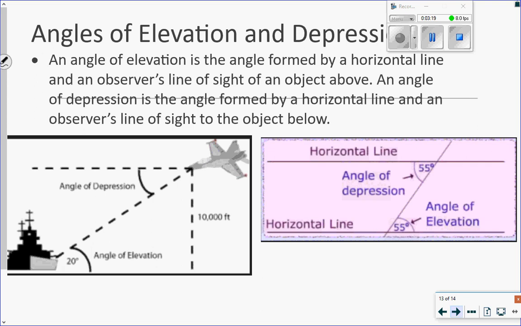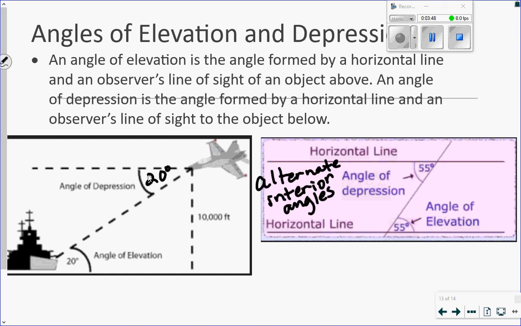And the reason for that is because when you look at that diagram, you have parallel lines cut by a transversal, and those angles, the 55 and the 55, or here, the 20 and the 20, are what we call alternate interior angles, way back to your geometry days.